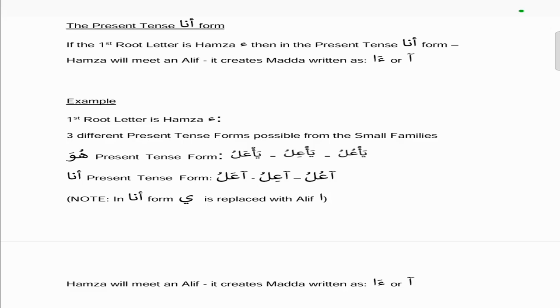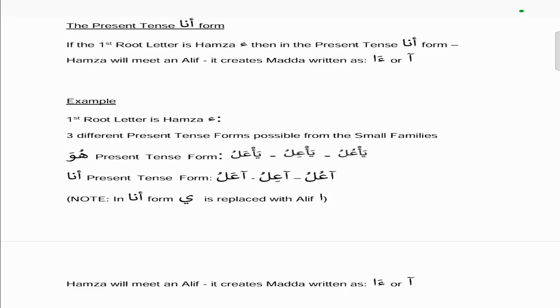But in the ana present tense, it becomes a'ulu, because if you remember, for the first one, ya'ulu, if you want to make it ana, then we replace the ya with a hamza, so it becomes a'ulu. And because two hamzas come together, the hamza will meet an alif, and it takes a madda, so alif with a madda, and it becomes aulu.